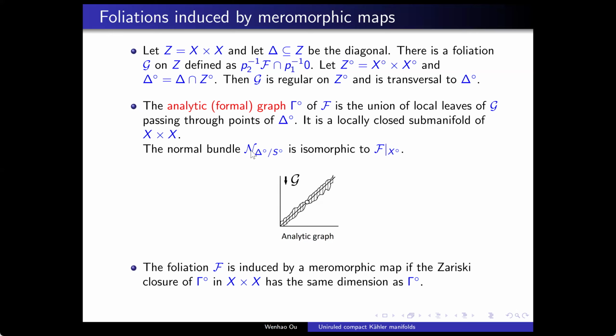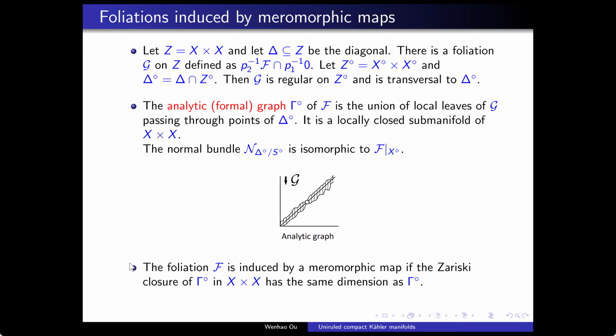And we can compute that this normal bundle is indeed isomorphic to the restriction of the foliation F on the regular locus X0. So now with this viewpoint on this analytic graph, the foliation is translated into some normal bundle.